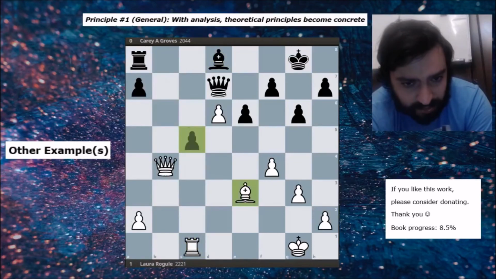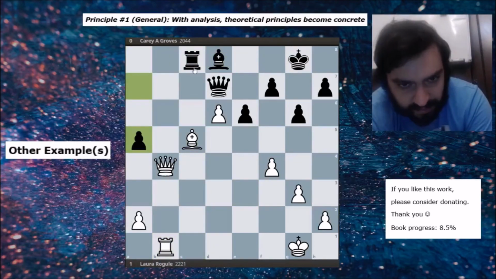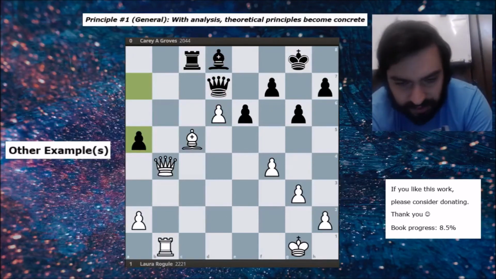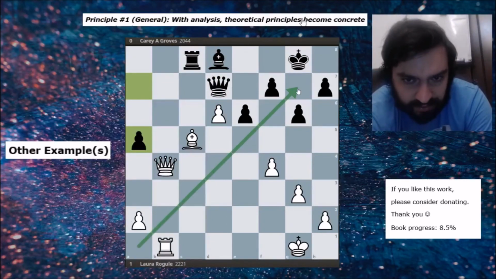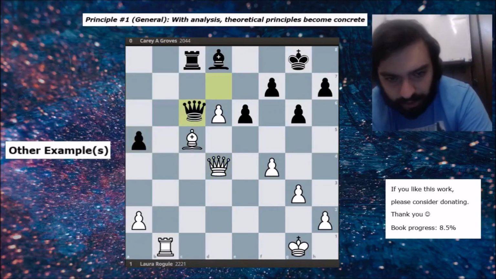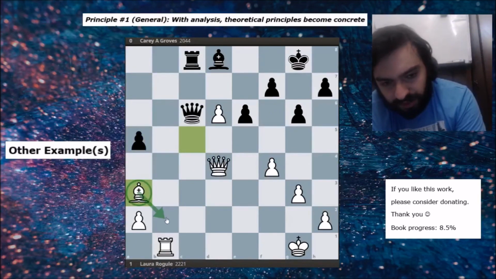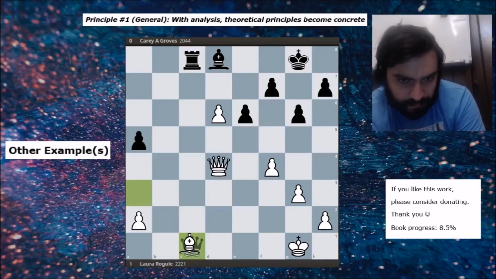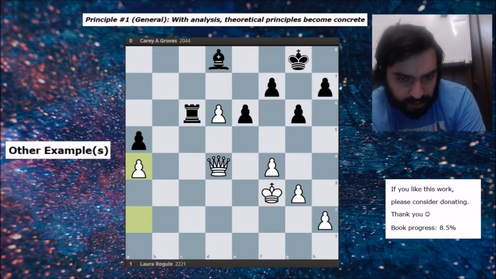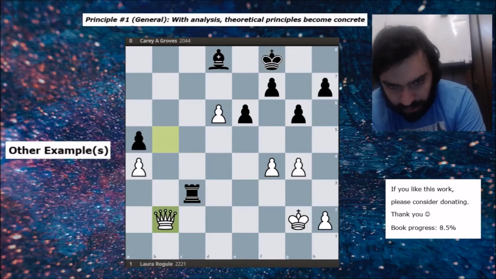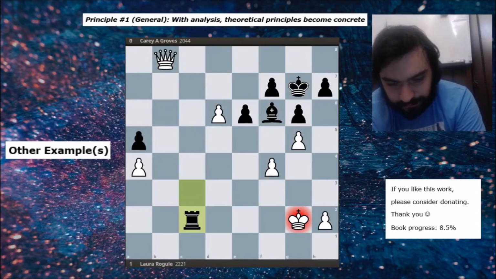Not going to commentate much here, just notice this bishop came to defend the promotion square, but now it left dark square weaknesses behind, which White duly exploits. Already here, bishop a3 is preparing these ideas, and the queen had to be lost, and White won in really nice fashion.